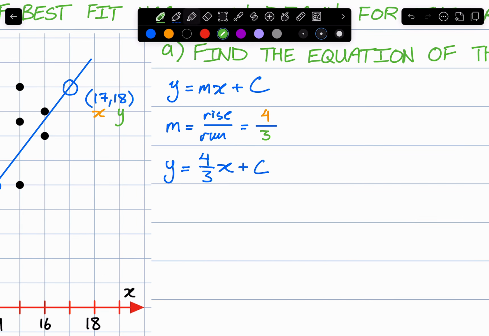I'm going to substitute these into the correct position. So this y value is now 18, and this x value is going to be 17. So it's going to become 18 equals 4 over 3 times 17 plus c.